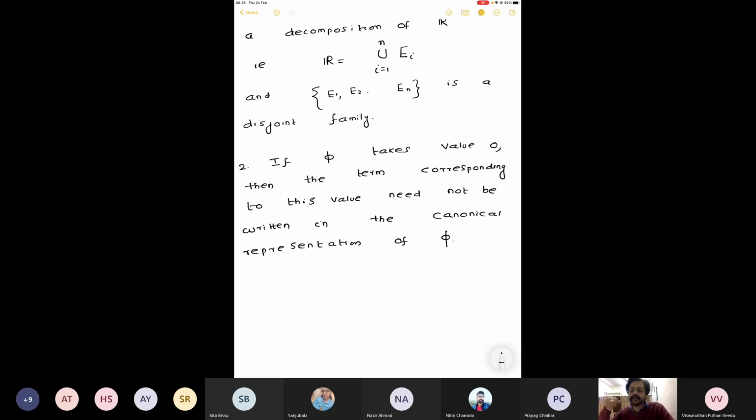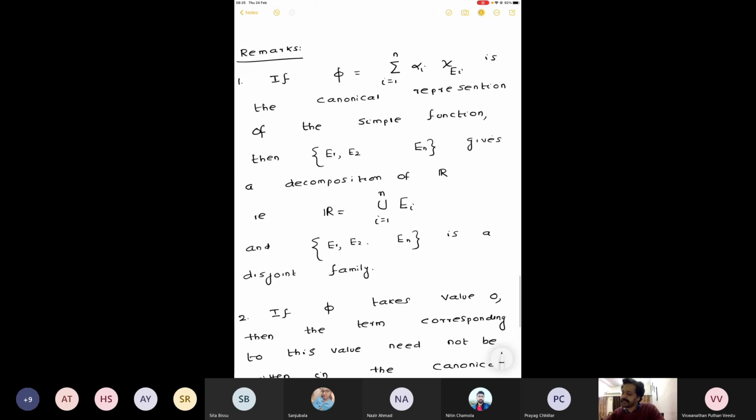Suppose one of the alpha_i is 0, I can avoid it and write phi of x as the summation of alpha_i chi_{E_i} for non-zero values of alpha_i. Do you agree? Yes, sir.